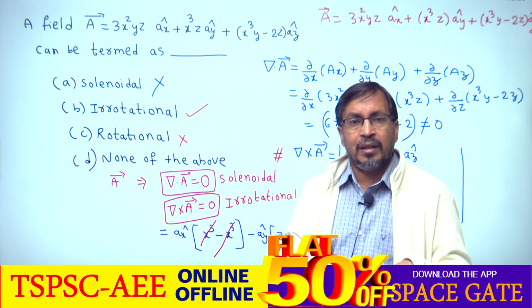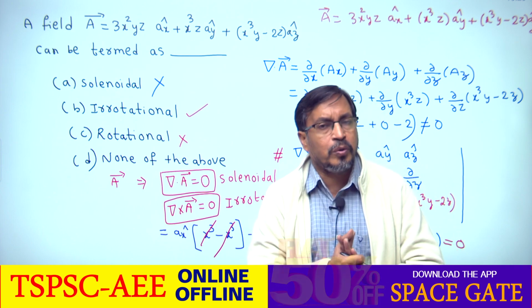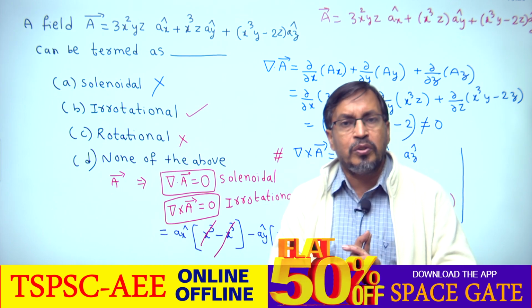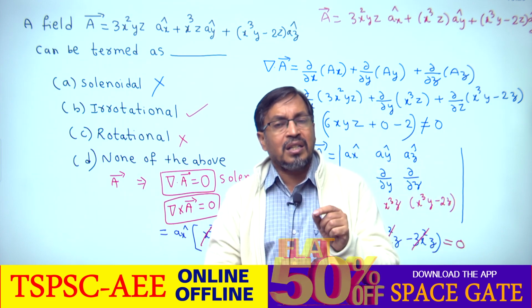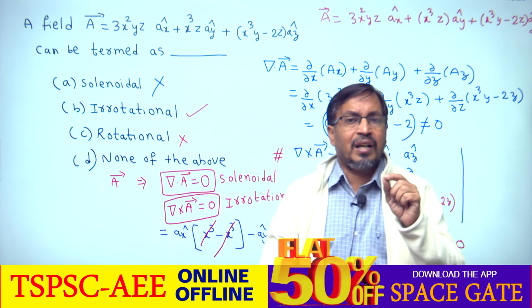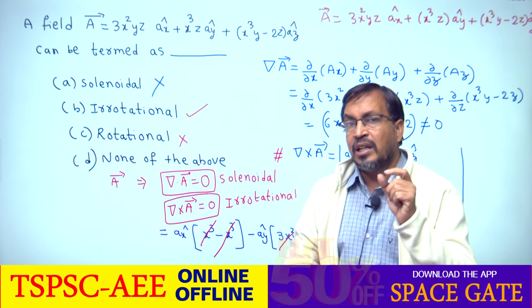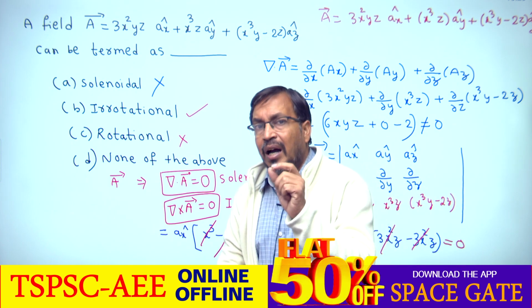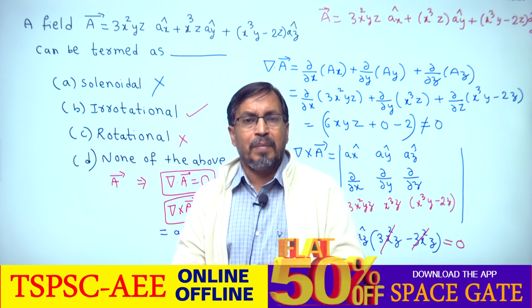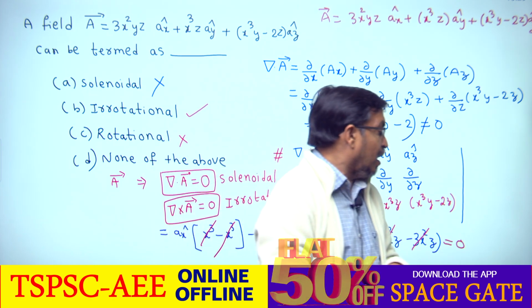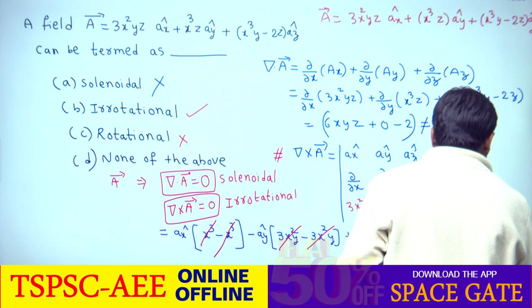And the same thing from an application point of view, they will ask a question, give one vector, and ask whether the given vector or field component is an electric field or magnetic field. So, how to solve that type of question?